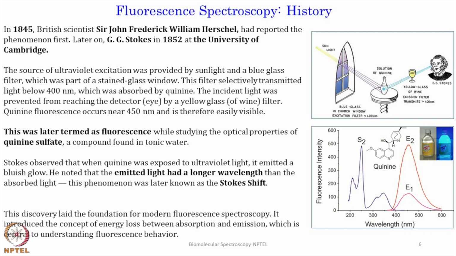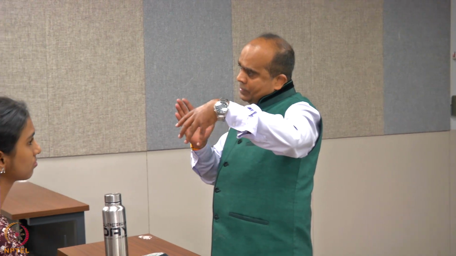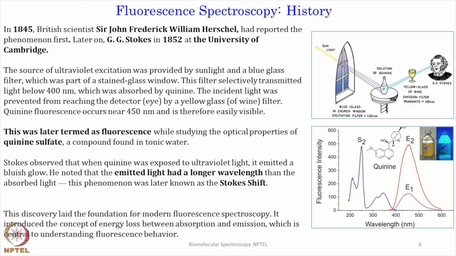What they took was a source of UV light, which is coming from sunlight, right, and a blue glass filter. Sunlight has all the light, and the filter makes it not monochromatic but slightly restricted in wavelength, and this filter transmitted light below 400 nanometer. And they did the experiment where they put quinine.